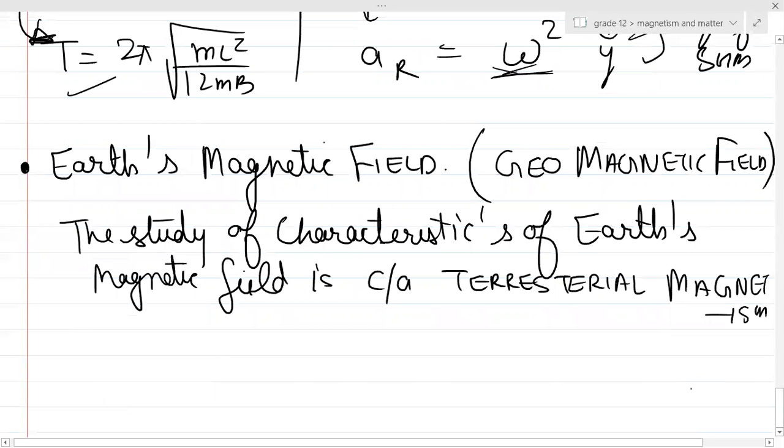Okay. Now, why do we have the Earth's magnetic field?